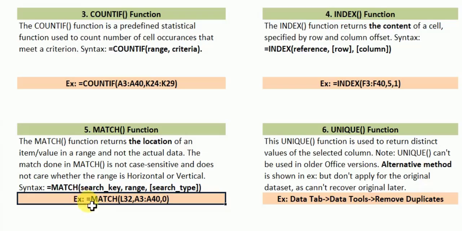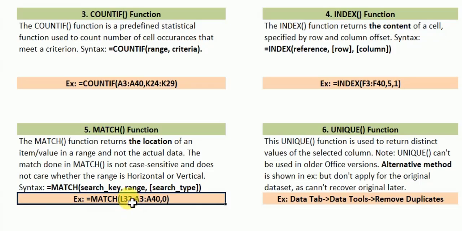See the syntax. In the match function, we need to specify the search key, and the range in which the search key has to be searched is mentioned in the second part. The third part is the search type, whether the search has to be done as an exact match, less than match, or greater than match. You can see the example, where the search key is present in a particular cell.